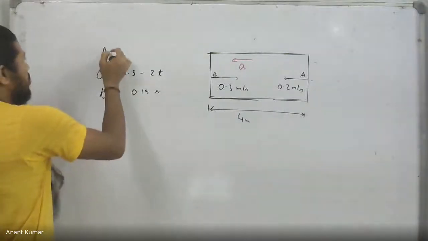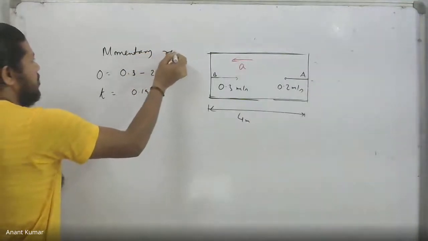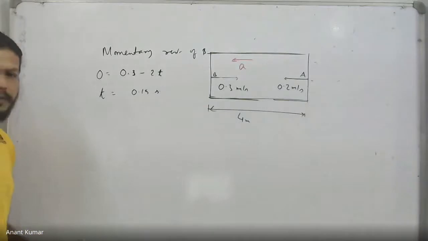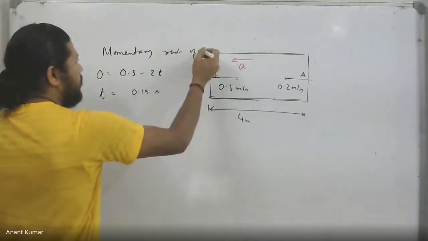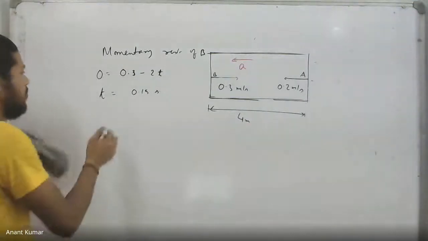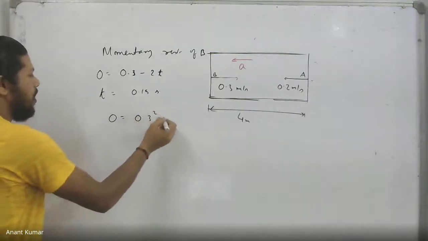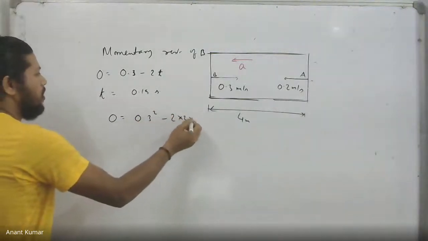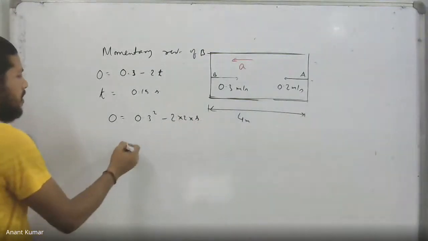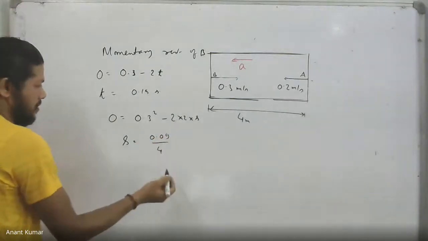This is the momentary rest of B. I'm looking at the point where it happens: B comes to rest after 0.15 seconds of being thrown, at a distance I can find from 0 equal to 0.3 square minus 2 into the distance covered, S. So I get S as 0.09 by 4 meter.